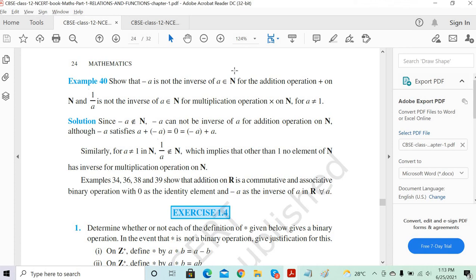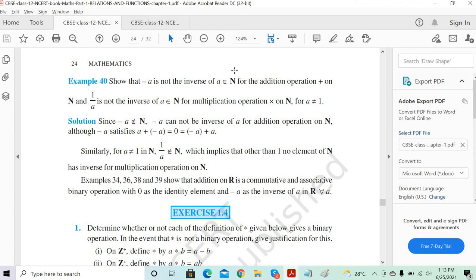And then for multiplication, a is not equal to 1 is already given. Let's go with the basic definition. For the multiplication operation, the identity element is 1. 2 into 1 is same as 1 into 2. That means 1 becomes the identity element.